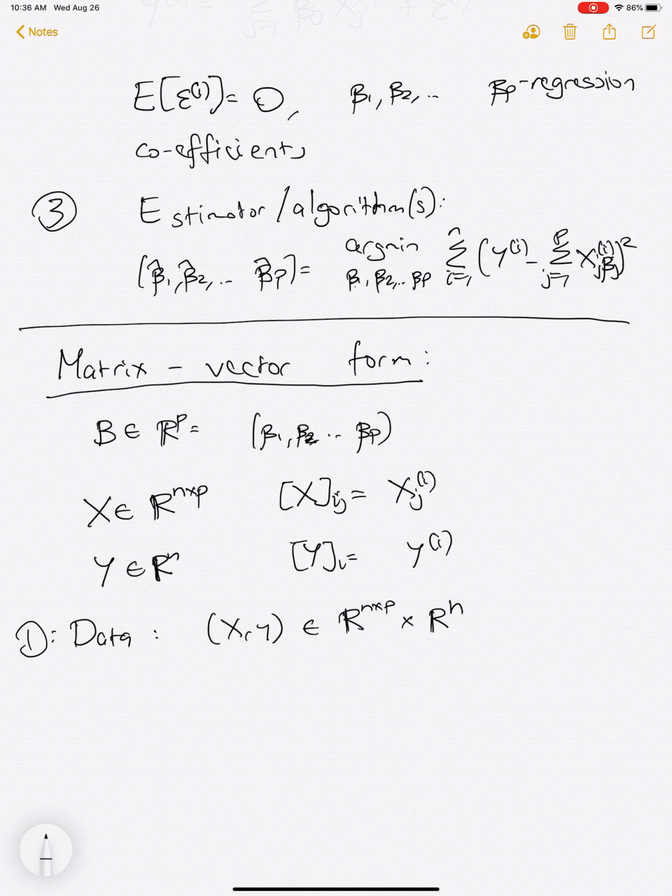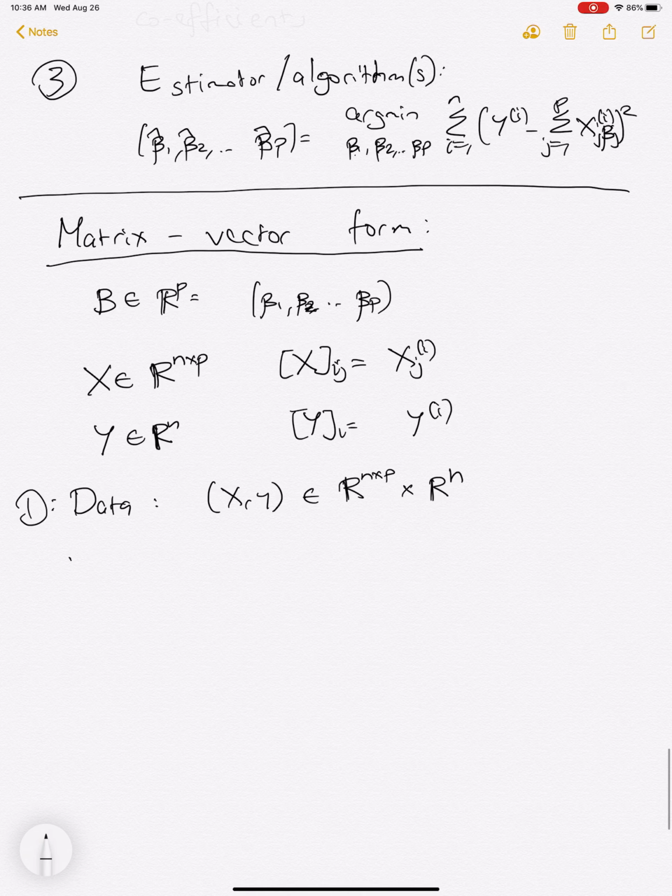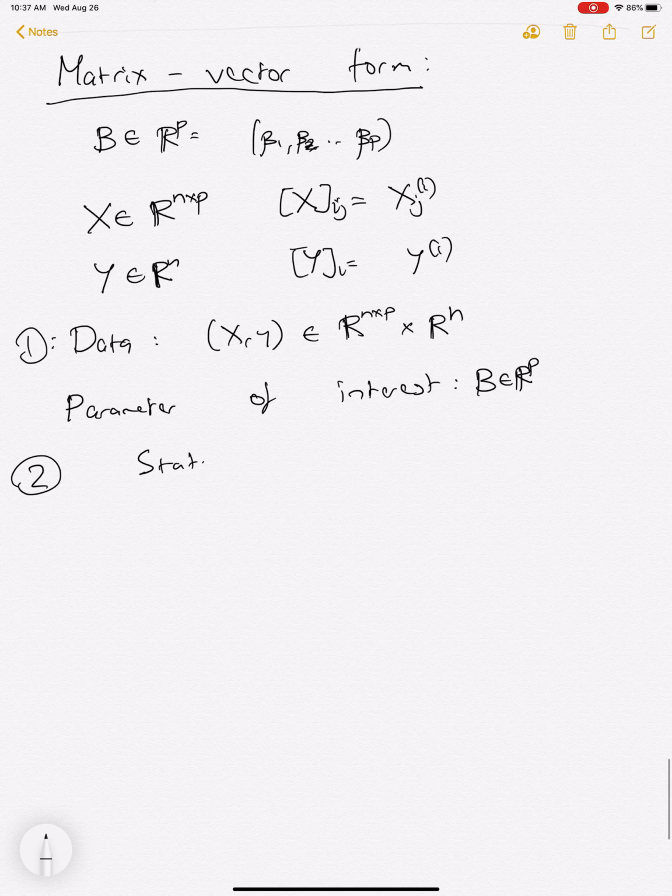And then we have that our parameter of interest here is b, which is in R to the p. And if we look at our statistical model, which is the linear model, this can be expressed as y equals Xb plus epsilon.